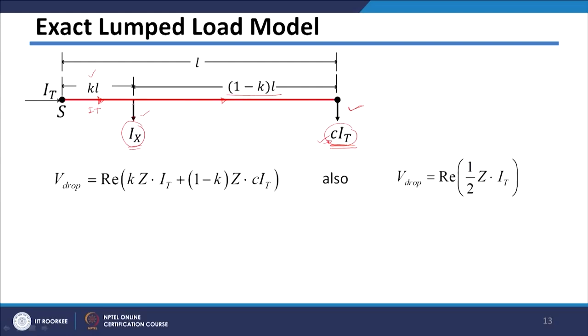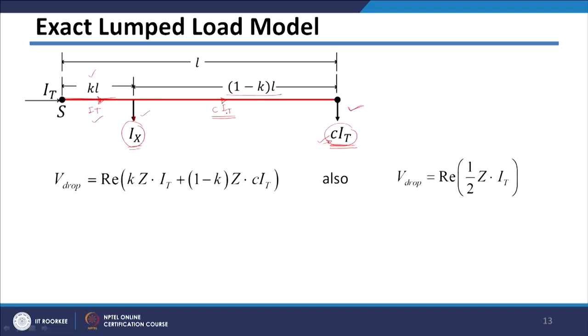So, here the IS current will get subtracted. So, remaining current will be flowing from here. So, I am saying this is C IT which is flowing to this feeder. So, first feeder section will be having IT current and the remaining section will be having C times IT current, and C will be less than 1 fraction of IT.